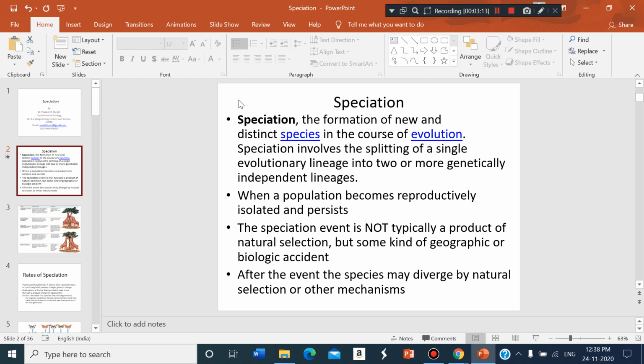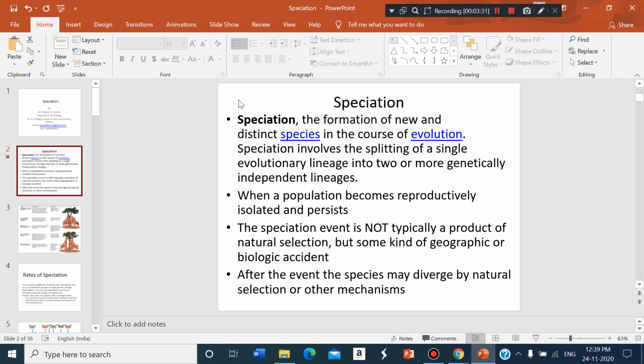When a population becomes reproductively isolated, and if that isolation persists in the future also, then we can say that a new species has arisen, or a new species has taken birth. So what should happen?